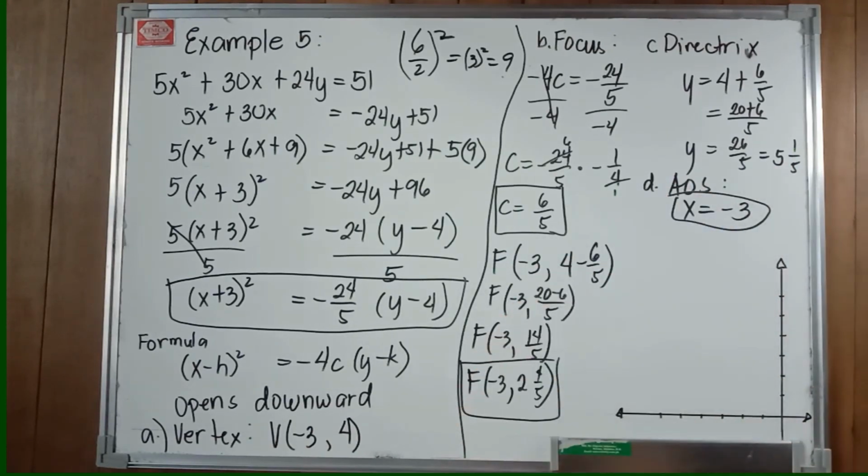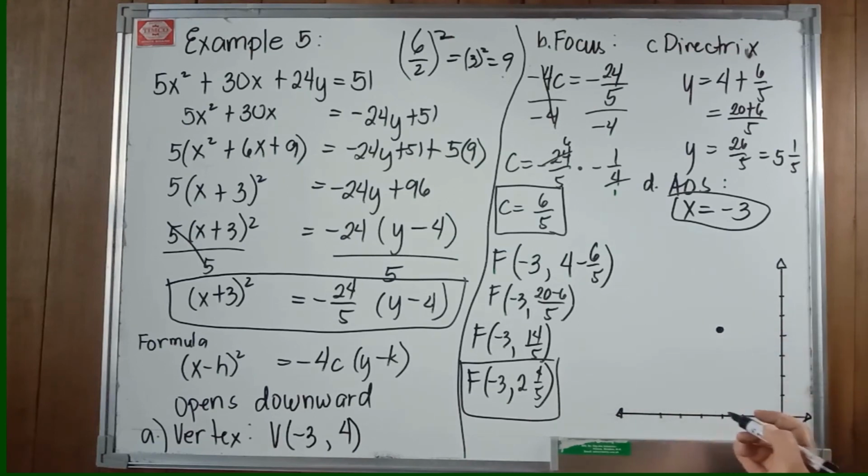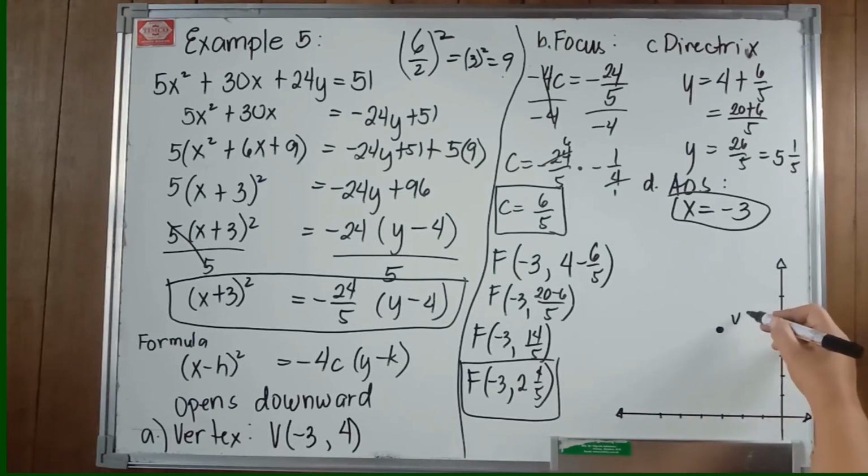Now we are ready to sketch the graph of our parabola. So let's start with the vertex, negative 3 and positive 4. Medyo mahirap mag-sketch ng graph sa hindi graphing paper.